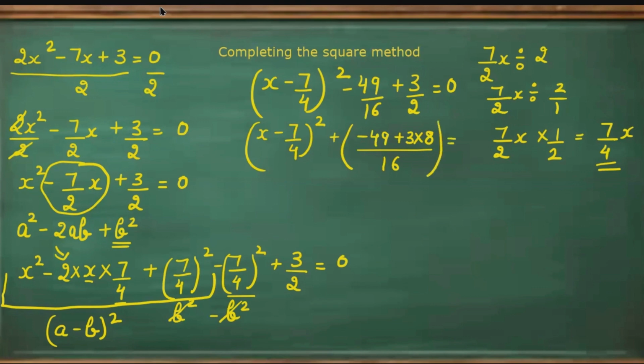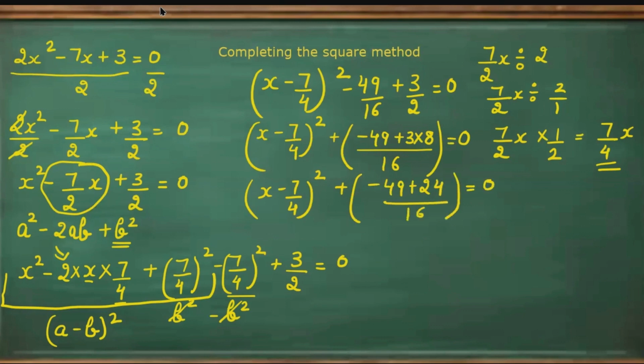I hope you already know how to find the LCM and solve fractions. x minus 7 by 4 whole square plus minus 49 plus 24 over 16 is equal to 0. Then we'll get x minus 7 by 4 whole square plus minus 25 by 16 is equal to 0.